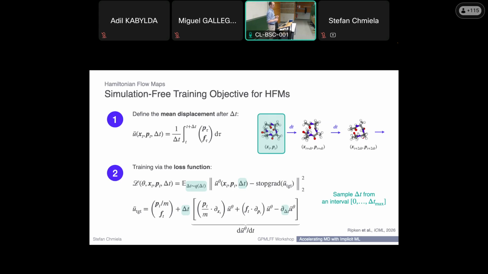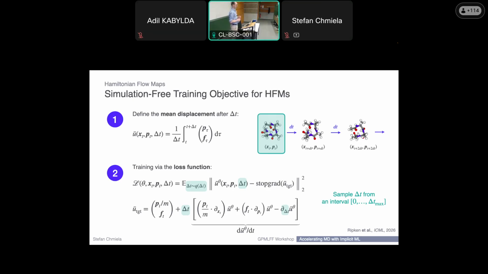Generally, it's a more difficult learning problem, I would say, than a general force field, because you have this time component. So convergence is a bit more difficult in some cases.